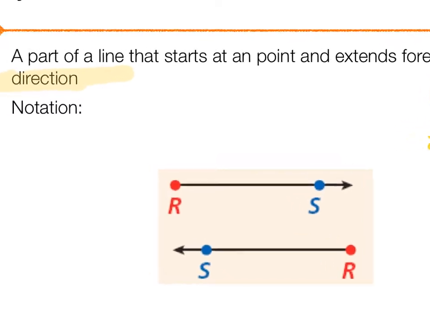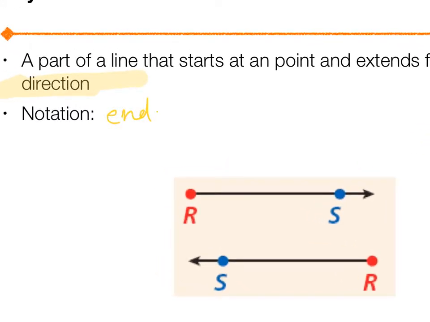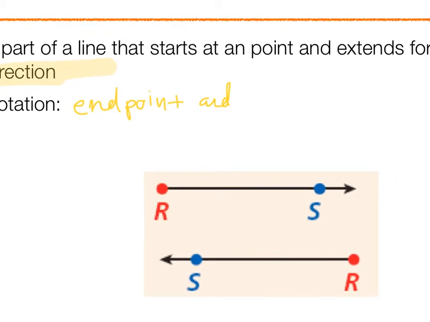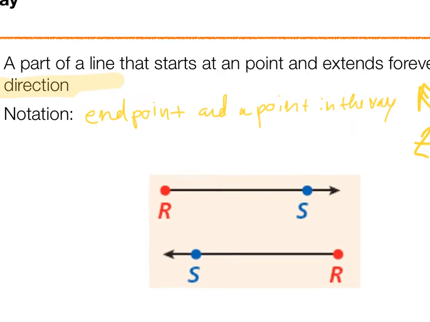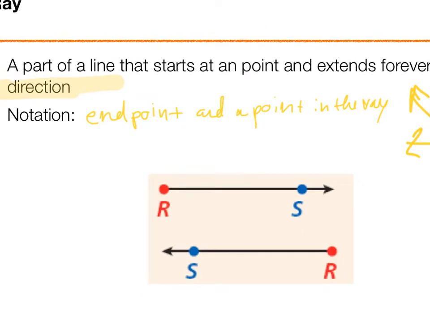So we would name this ray by its endpoint and a point it contains. So the endpoint of the ray would be R. And a point contained in the ray would be S. So for rays, you have to put a little ray on top of it.